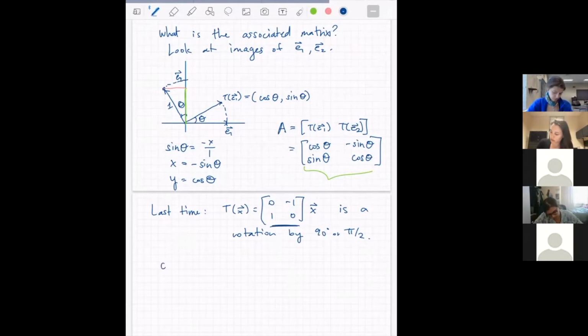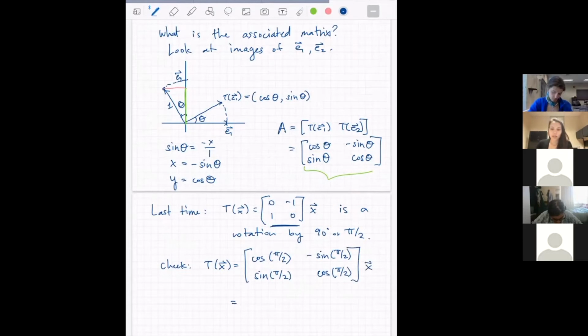Plugging in, we would get cosine of pi over 2, sine of pi over 2, and then negative sine of pi over 2, cosine of pi over 2, times x.